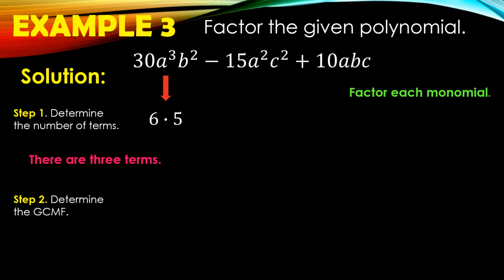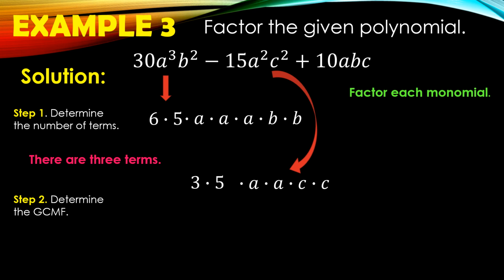And then factor out the variables. A cubed, which is 3 a's, and b squared, which is 2 b's. On the second monomial, factor out 15a squared c squared. So the factors of 15 are 3 times 5. And then factor out a squared and c squared.